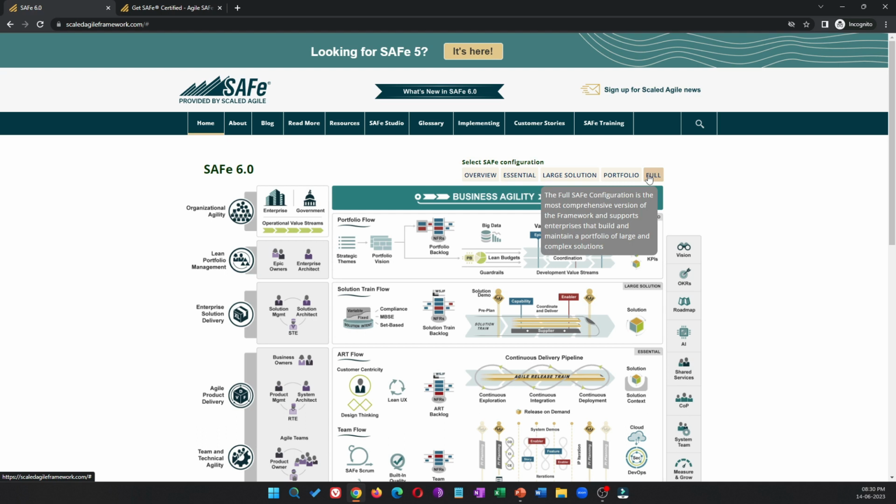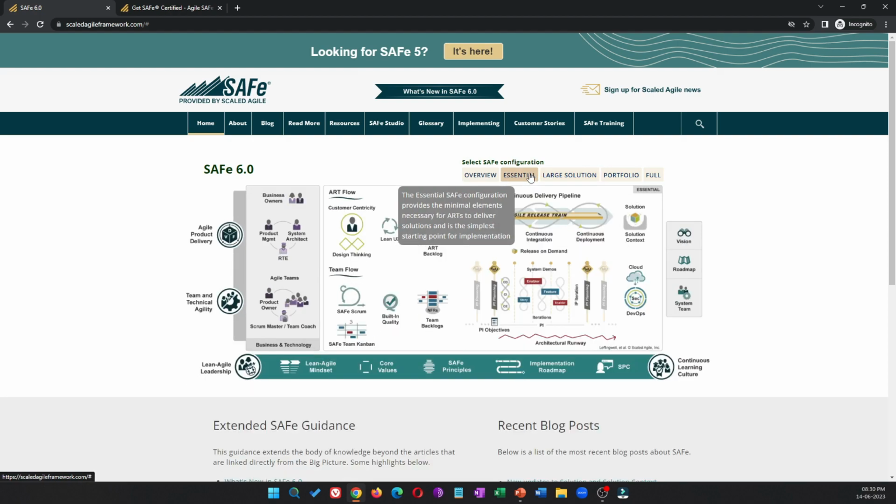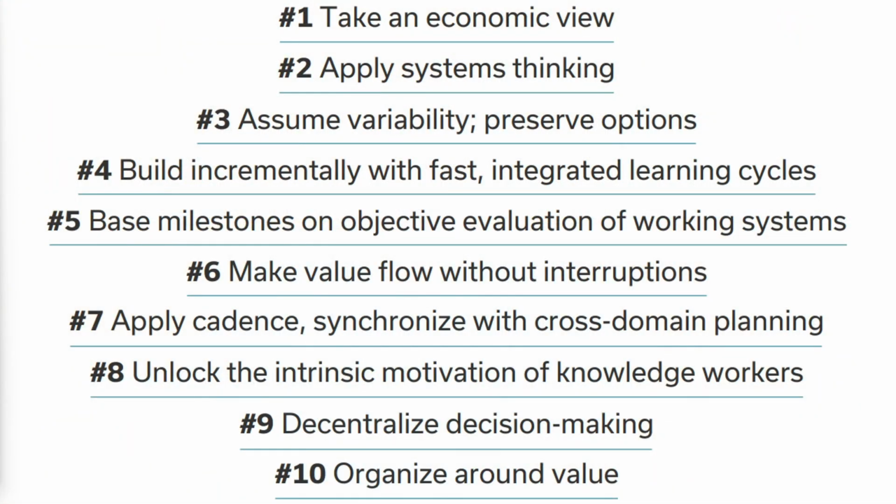And the framework supports enterprises that build and maintain a portfolio of large and complex solutions. So these are the 4 configurations that you can use if you want to basically convert your existing organization into using scaled agile. Now there are 10 principles that scaled agile essentially uses.